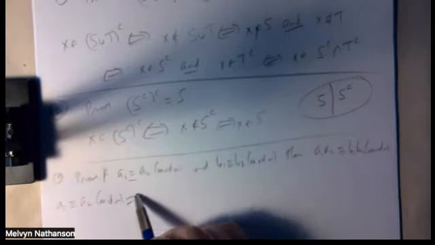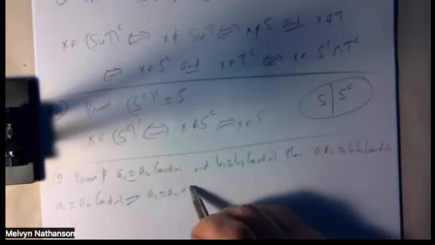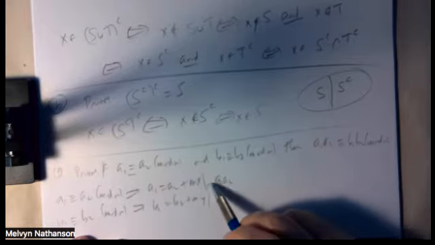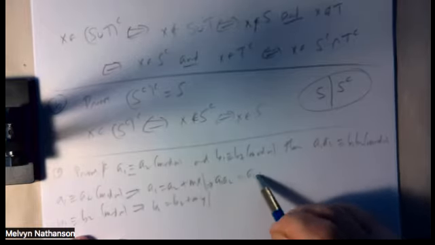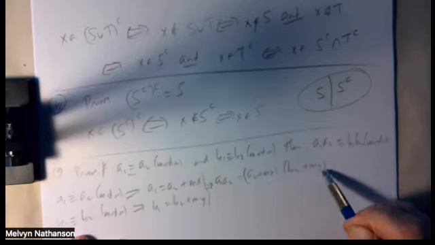So the proof is as follows. If A1 is congruent to A2 mod M, that means A1 is A2 plus some multiple of M. And if B1 is congruent to B2 mod M, that means B1 is B2 plus some multiple of M. If you put these together, A1 times B1 is A2 plus MX times B2 plus MY.